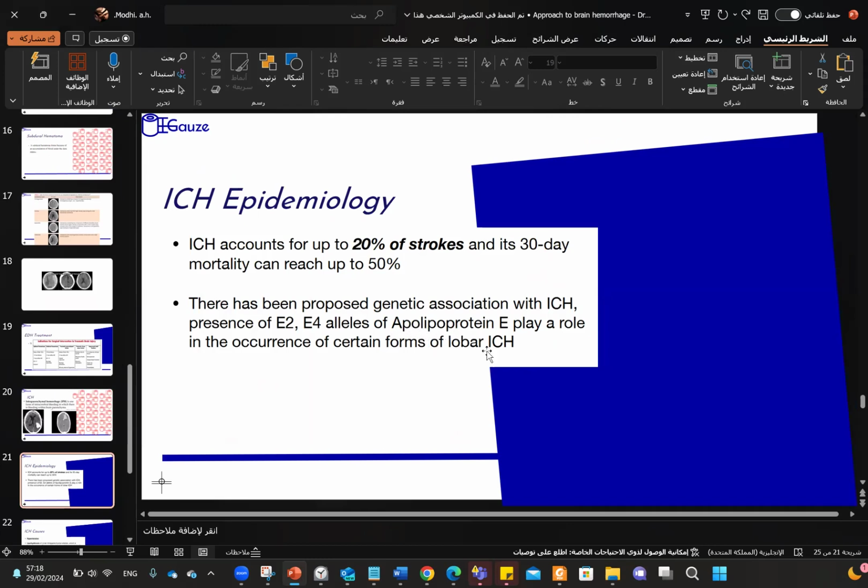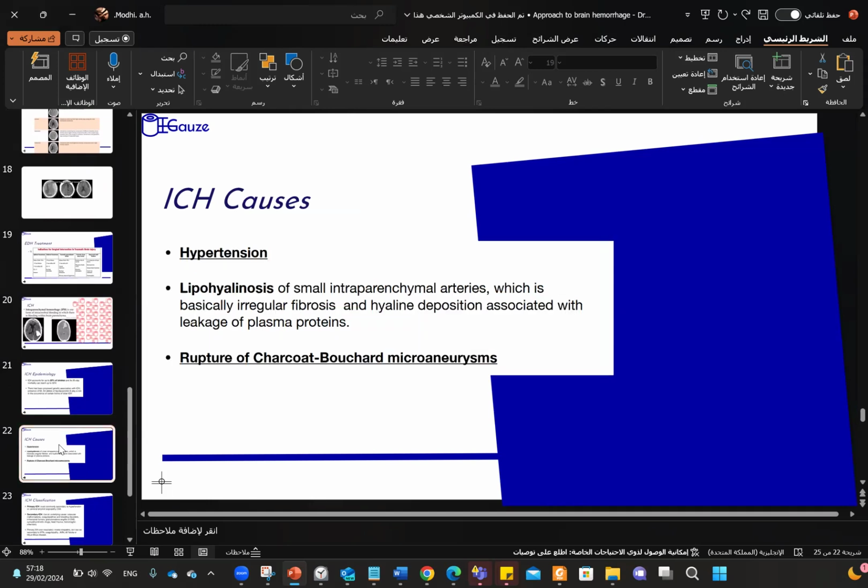There has been some proposal of genetic association, and it's still under exploration. The causes can be related to hypertension in most cases, and sometimes lipohyalinosis, where the intraparenchymal arteries have irregular fibrosis and fibrinoid deposition.